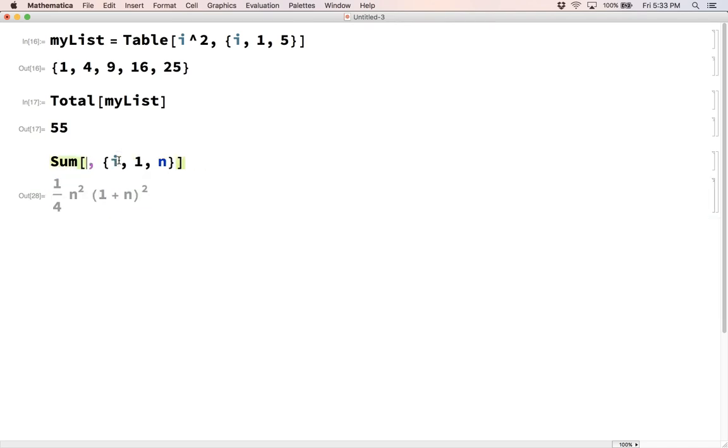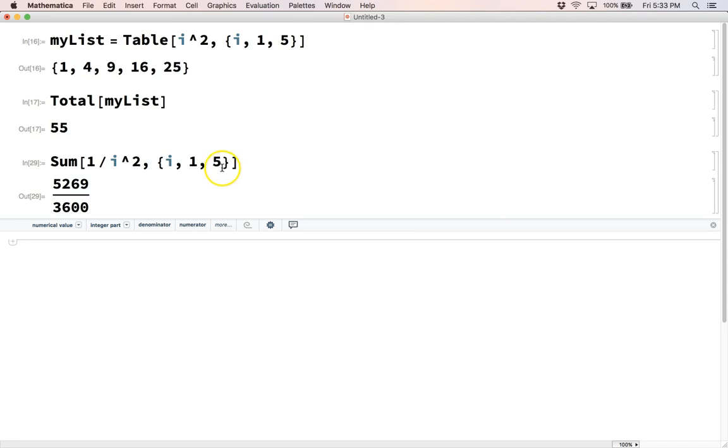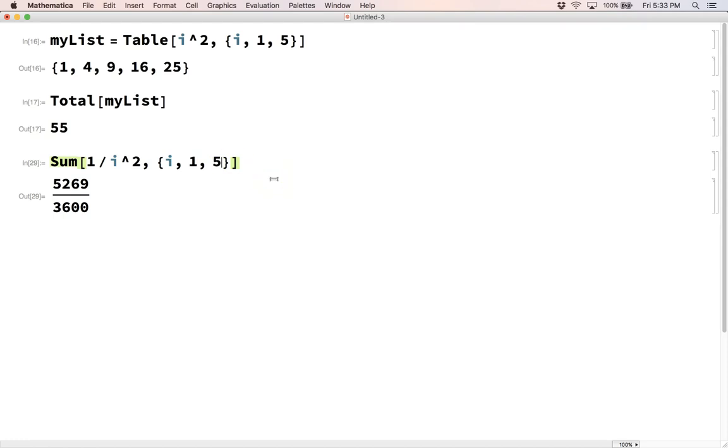Another thing I can do, say I do 1 over i squared for i from 1 to 5. Okay, that's 1 over 1 squared plus 1 over 2 squared all the way up to plus 1 over 5 squared. Okay, 1 over 25. That might not seem very interesting, but here's another cool thing that Mathematica can do.